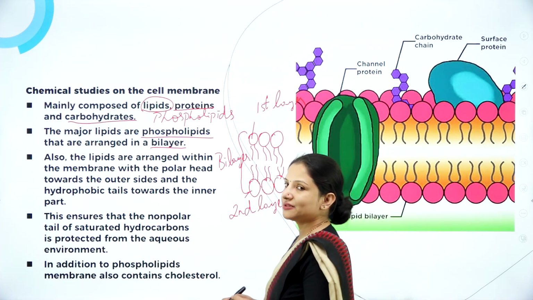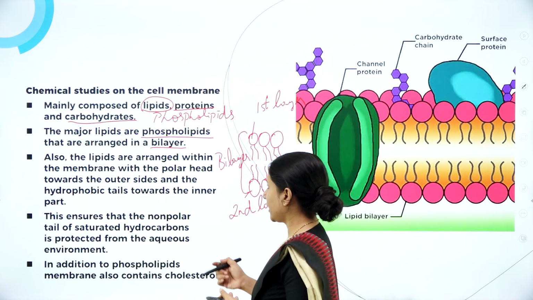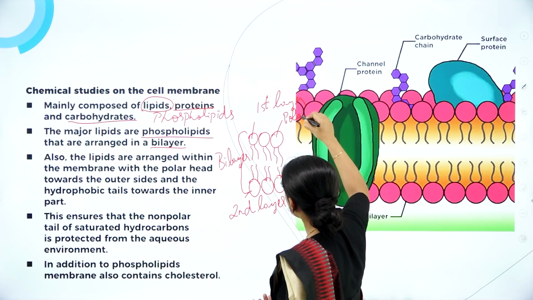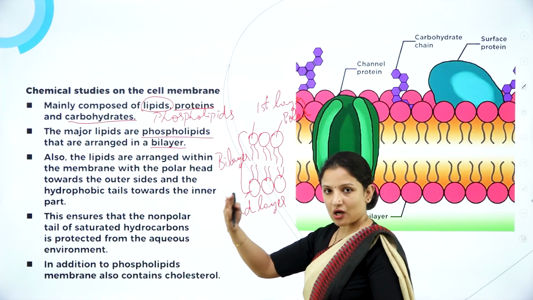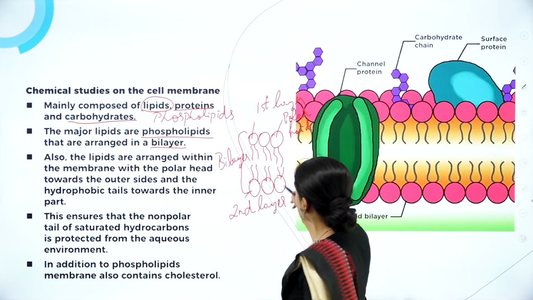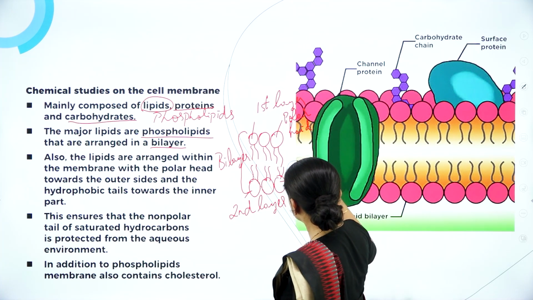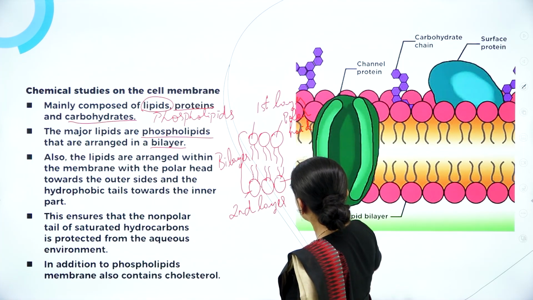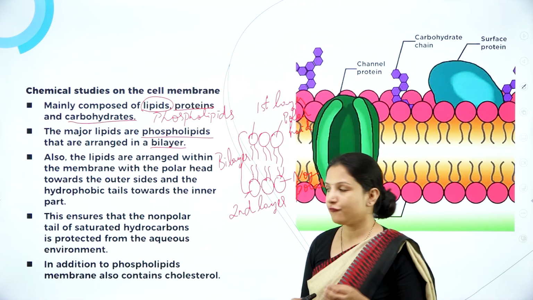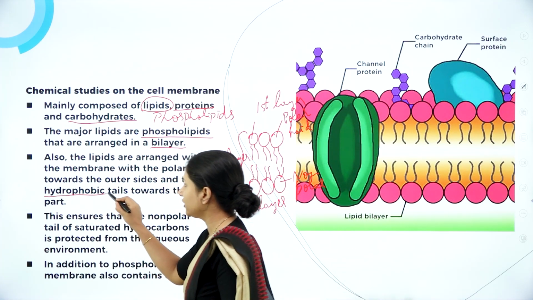The lipids are arranged within the membrane with the polar head, which is always exposed to the outside of the cell, and a non-polar tail. The non-polar tail is also called hydrophobic.